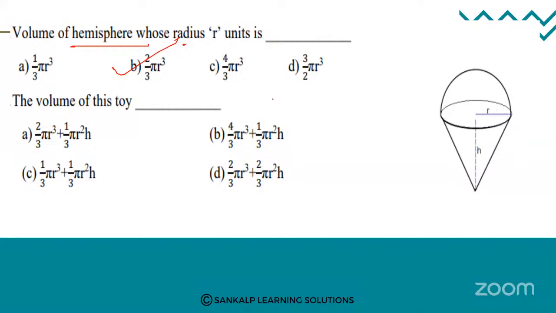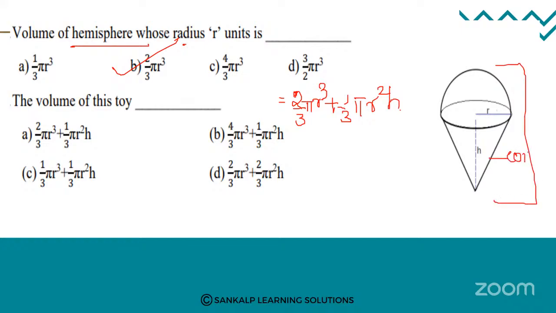Therefore, the volume of this toy is the volume of the hemisphere plus the volume of the cone, because this toy is the combination of cone and hemisphere. That is 2 by 3 pi r cube plus 1 by 3 pi r square h. So which option is right here? Option A is right.